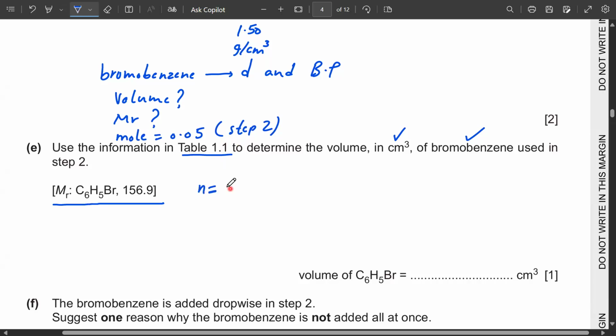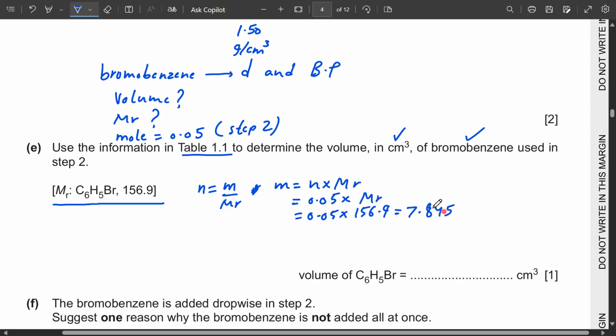The formula for mass: rearranging the equation, we have m is equal to n into MR. Moles are 0.05 multiplied by MR, and 0.05 times 156.9 is 7.845 grams. Now this is the value of the mass in grams.